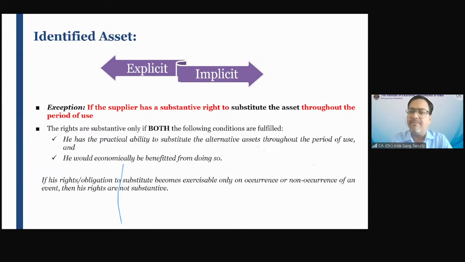Second example, let's say a lessor has given 5 cars on a lease basis to a lessee. Okay. And all these 5 cars are stated in the lease contract, right? Bearing their registration number, make and model, everything, right? So these 5 cars were dedicated to the lessee, that you have to use these 5 cars. Okay. This was explicitly written in the contract.